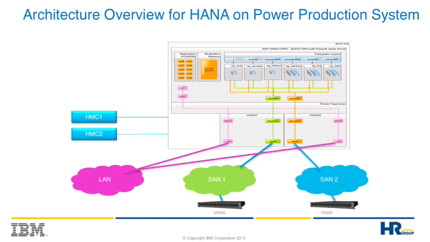We had a volume group for the log files. All this setup was done by our business partner Fritz and Matziol. And we also trained other IBM employees and some employees from the partner doing this setup to set up HANA and Power.